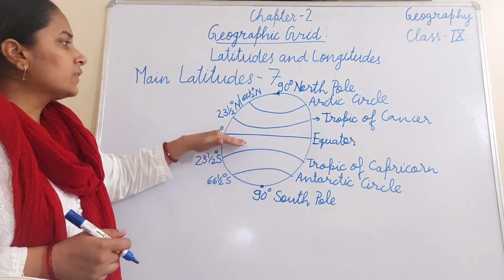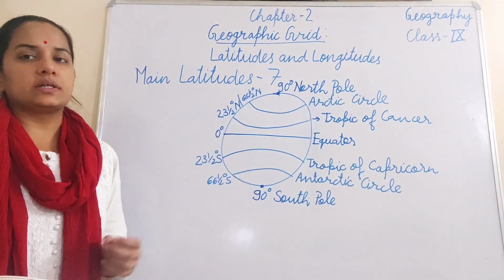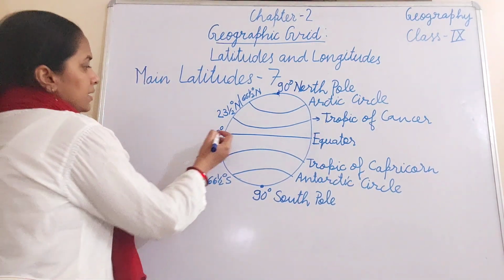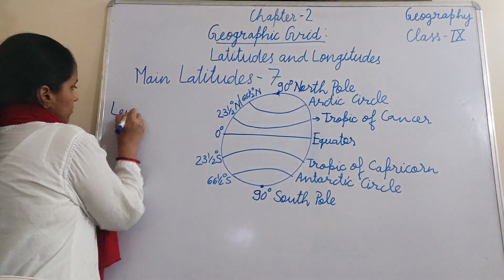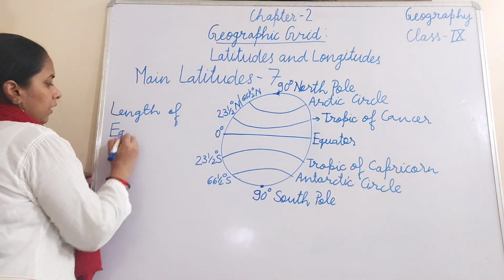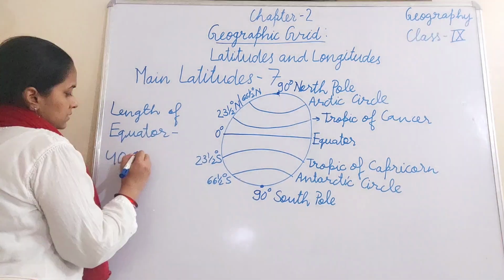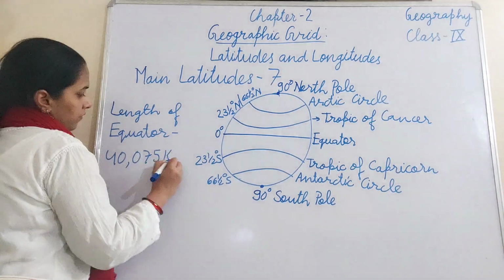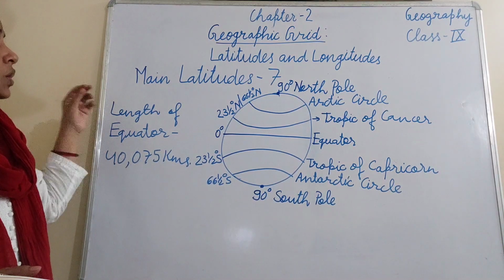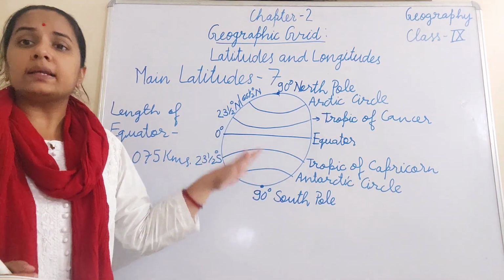The length of the equator is equal to the circumference of the earth, and that is 40,075 kilometers.